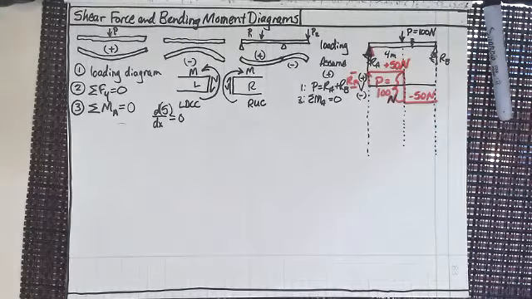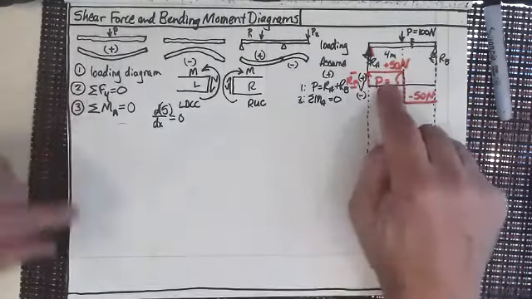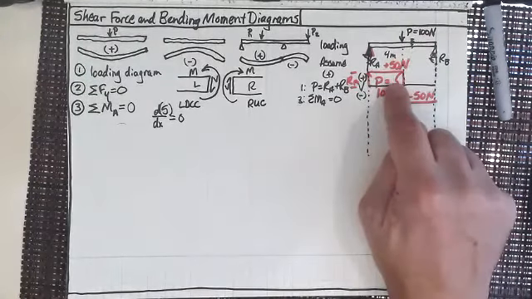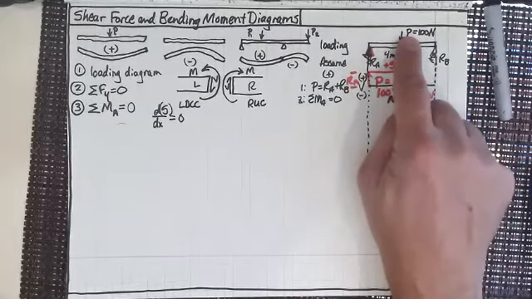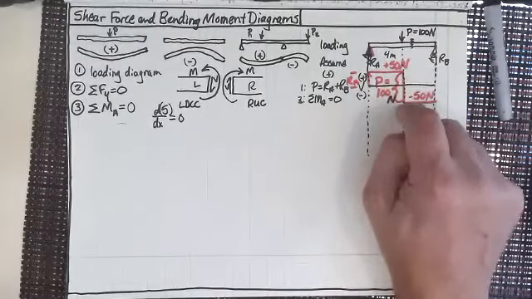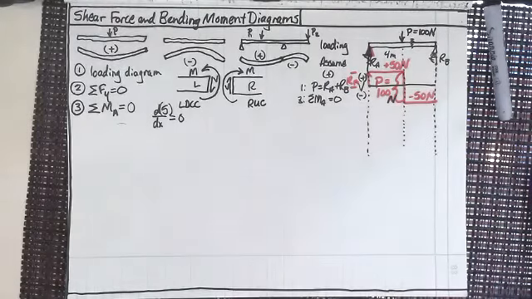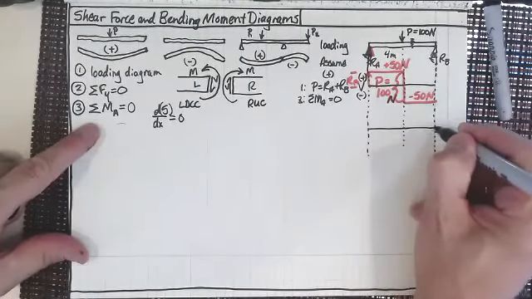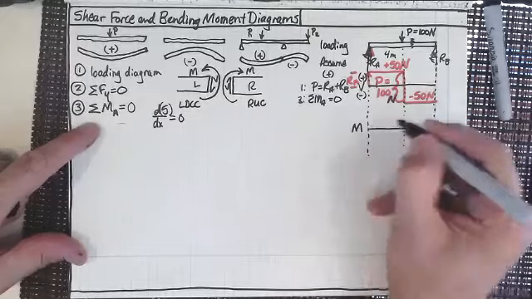Now, didn't I say that the shear force diagram that we have here is the integral of the loading diagram, right? Loading diagram, integrate, shear force diagram. If we do that one more time, we get the bending moment diagram.